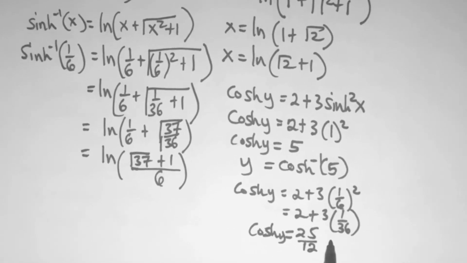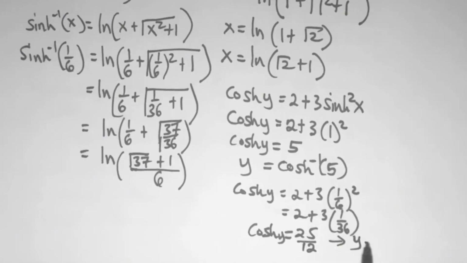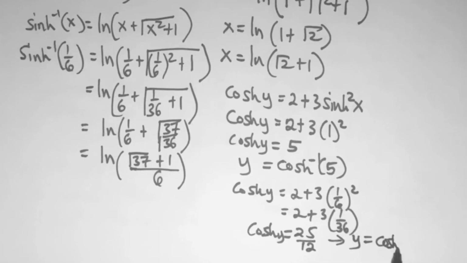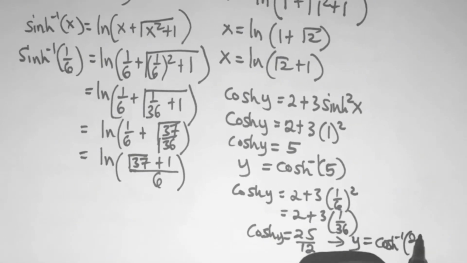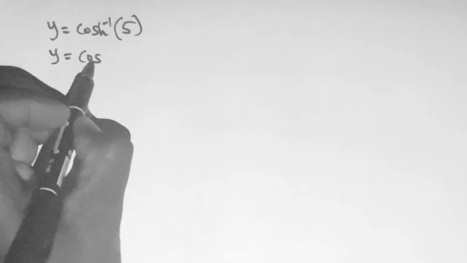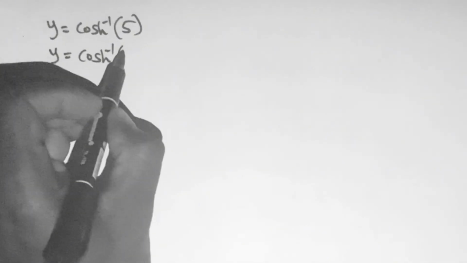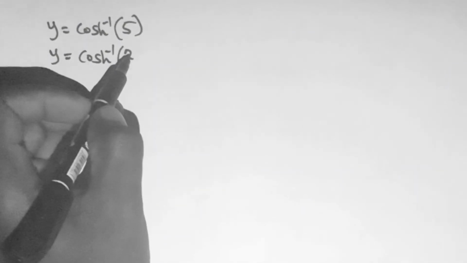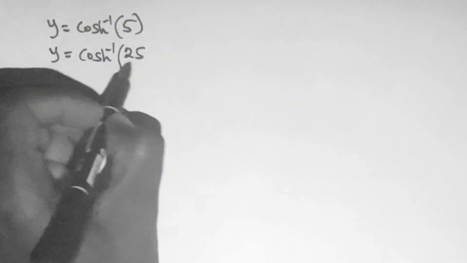So this implies that y is equal to cosh inverse of 25 over 12. So the values of y were y equals cosh inverse of 5, and then y equals cosh inverse of 25 over 12.